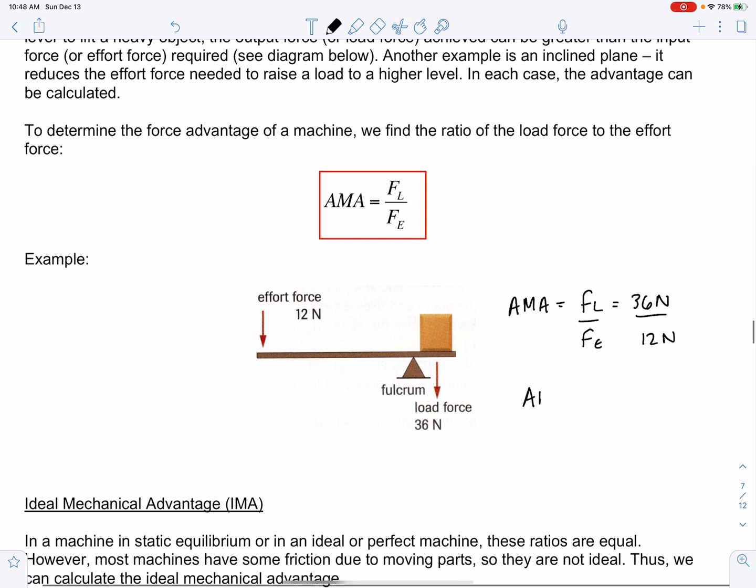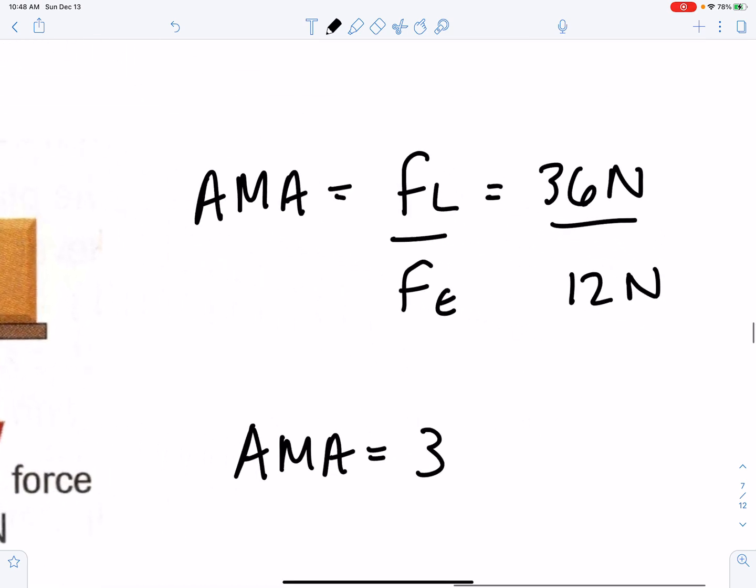And the actual mechanical advantage is 36 divided by 12. We have an actual mechanical advantage of 3. Okay? Note that if it requires less effort, if this number is smaller, then the actual mechanical advantage will be smaller.